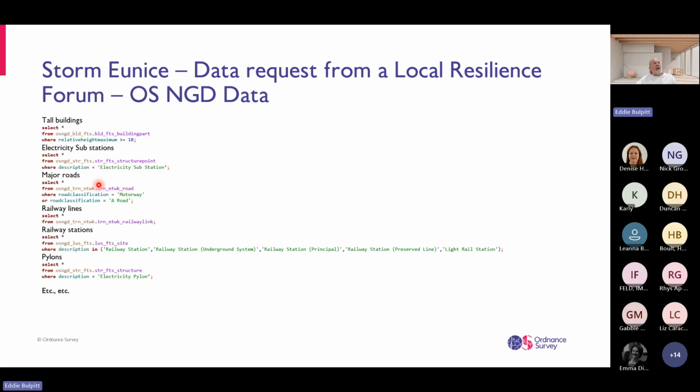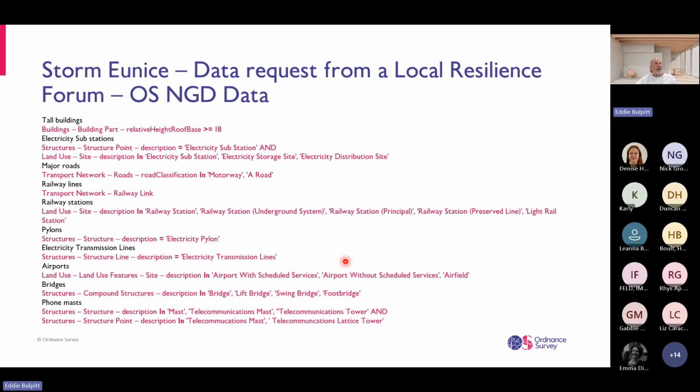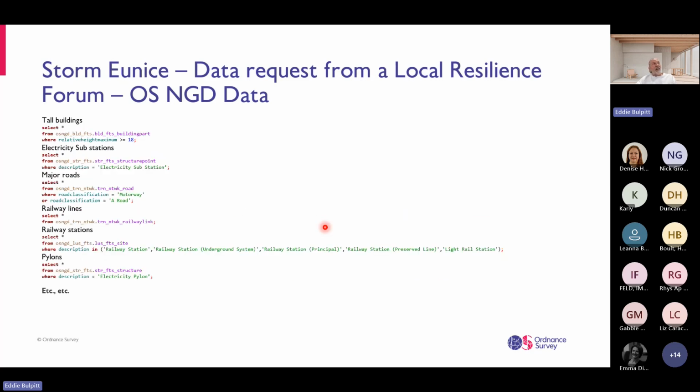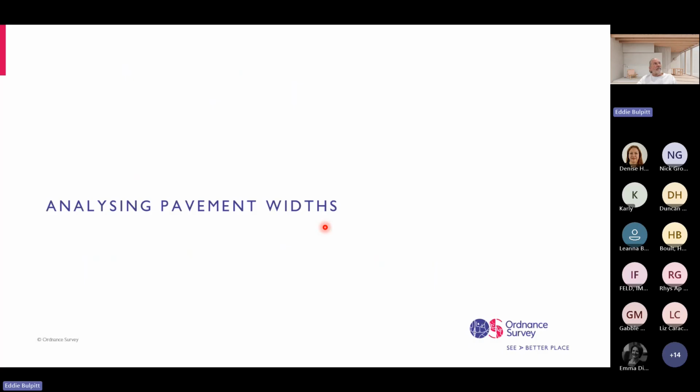And you can see the same, major roads, very straightforward SQL query, railway line, even simpler one. Railway stations, we've got this where the description is in that list, which is the same there. So you can see we're just repeating the SQL that would be working in the background of the OS select and build.